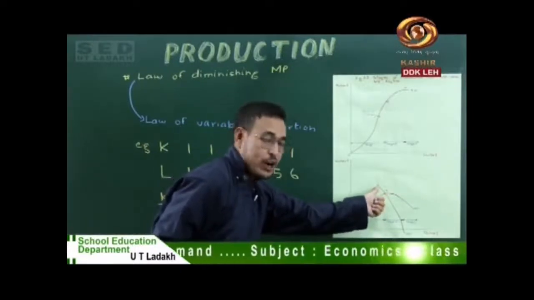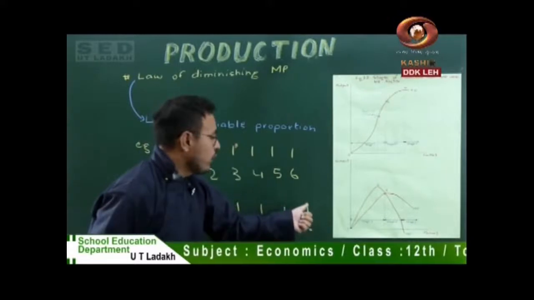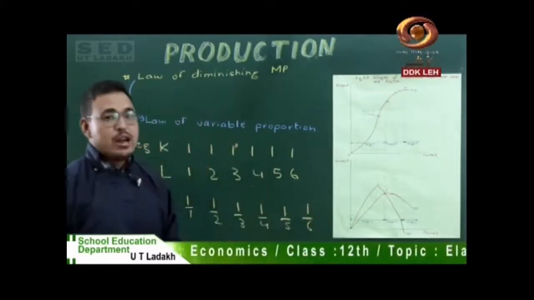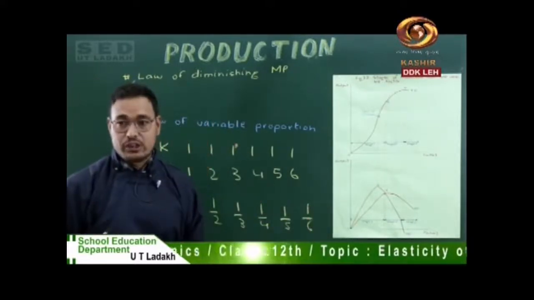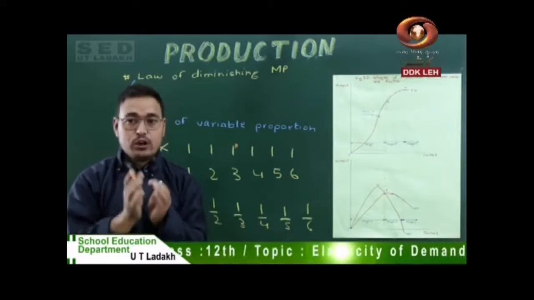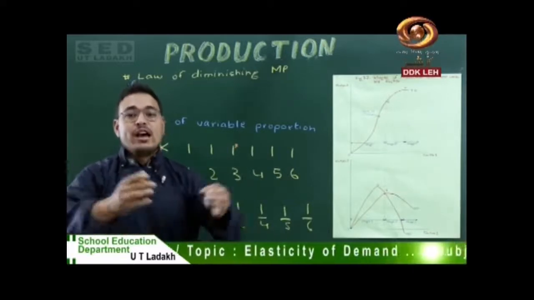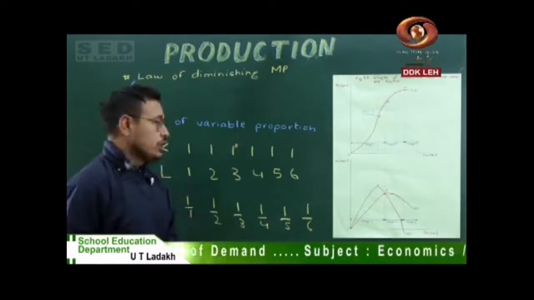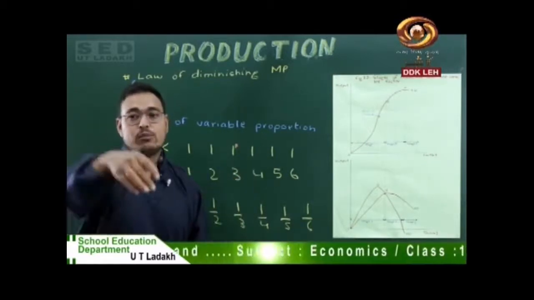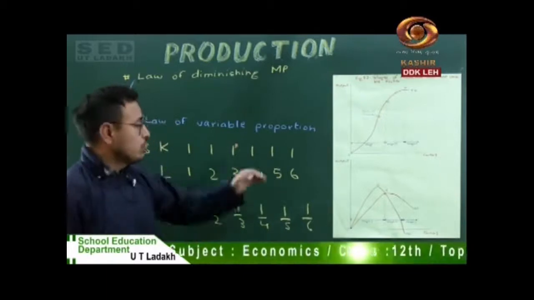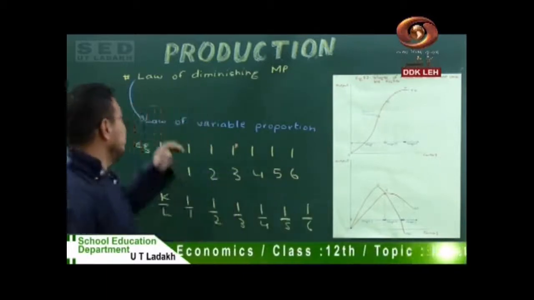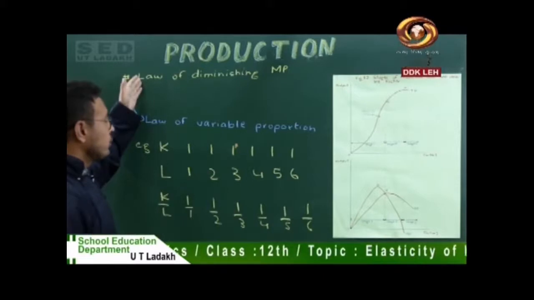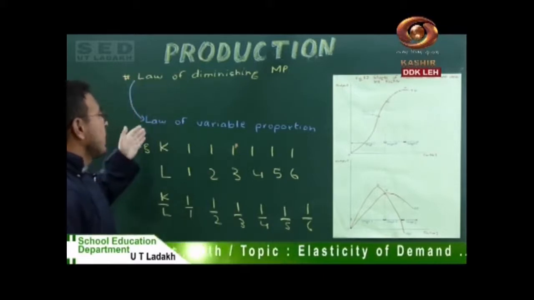Say over here it's point D. If you keep on employing more, then your variable factor will be overcrowded. Since you have only one machine but a large amount of labor, the addition of marginal labor will keep on decreasing, and eventually it will diminish. So that is what the law of diminishing marginal productivity of labor represents.